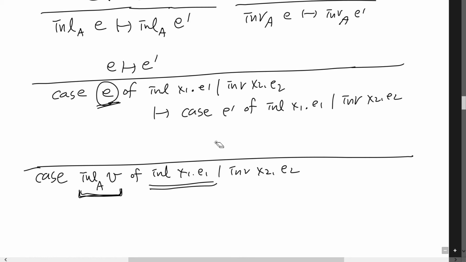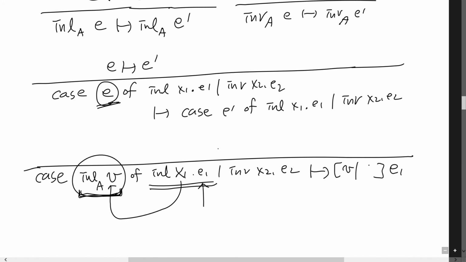So we proceed to reduce the expression E1. And this variable x1 is going to be bound to the value given here. So we substitute value v for variable x1.